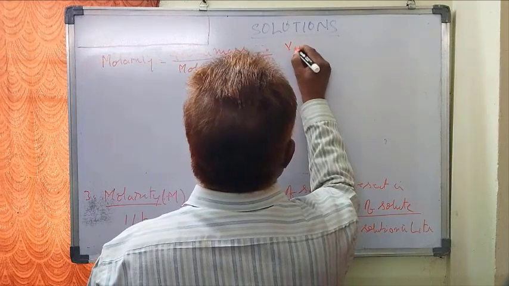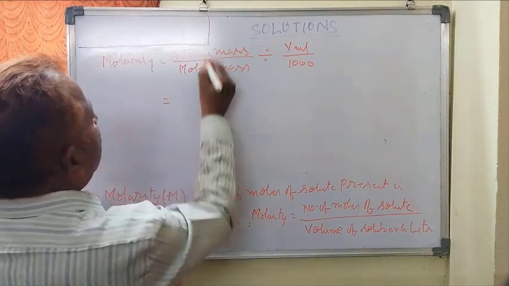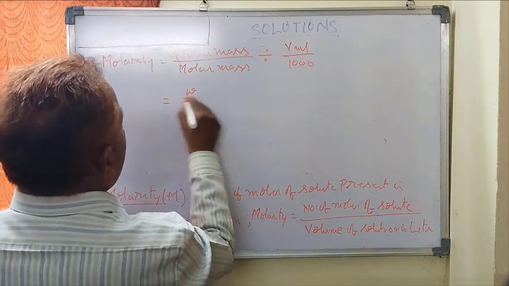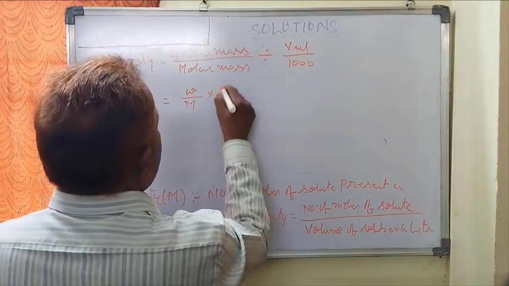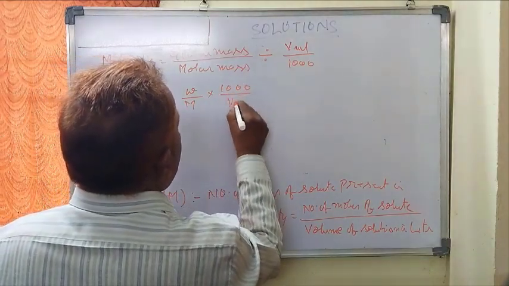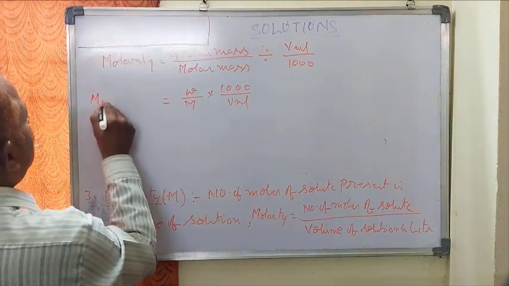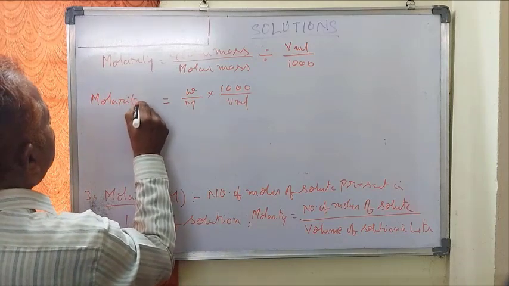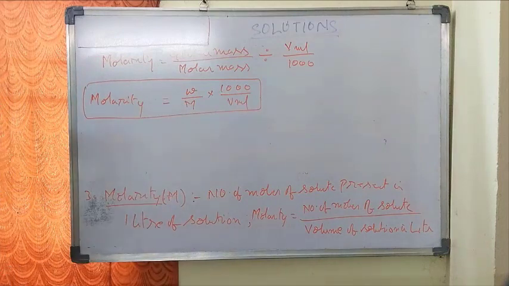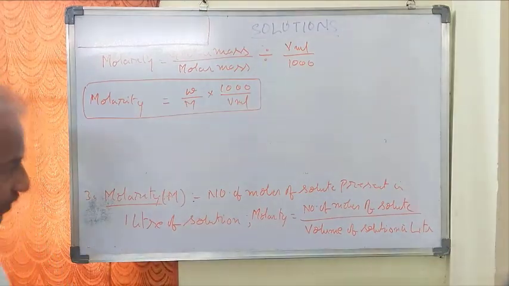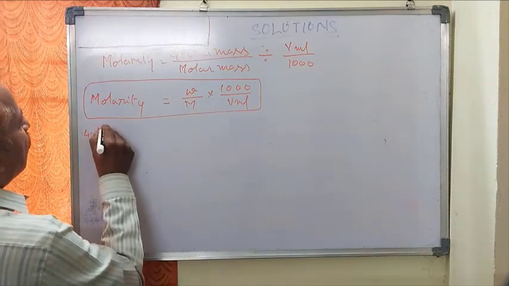Therefore, volume is V ml by 1000. Given mass can be represented by W, molar mass by M, so W by M, then reversed, 1000 by V ml. So molarity equals W by M into 1000 by V ml. Put this in a box, an important formula. In the same manner, now let us find the next method, molality.